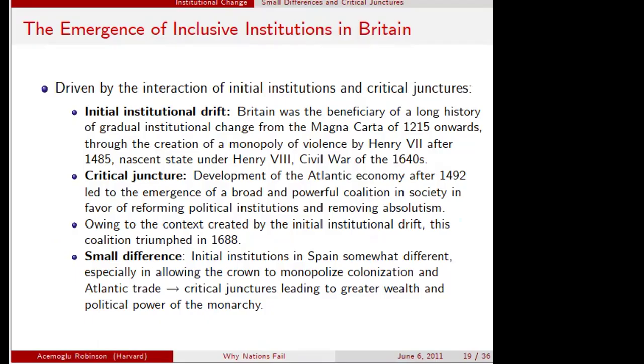South Korea developed a dynamic private sector and eventually inclusive enough political institutions to democratize in the 1980s. But Pakistan's private sector remained dominated by huge conglomerates, and democratic institutions have never fully consolidated. So initial institutional choices at a critical juncture, that is the post-independence period, set the two countries on dramatically different paths.